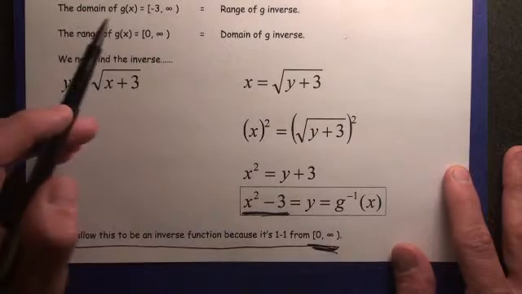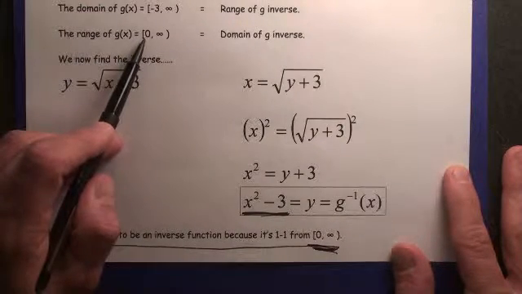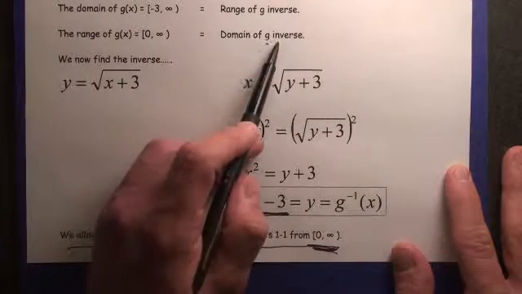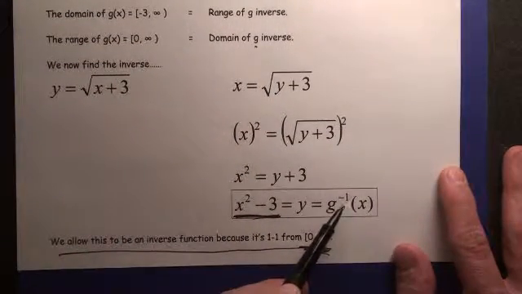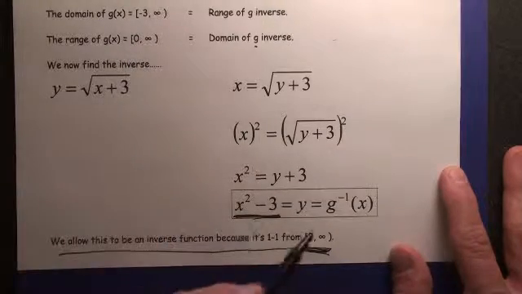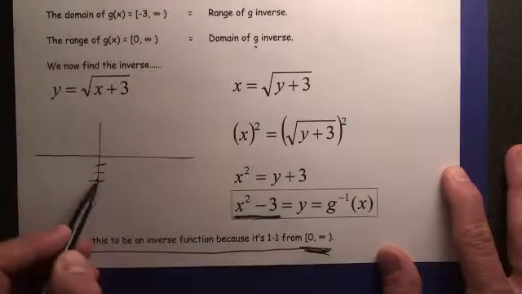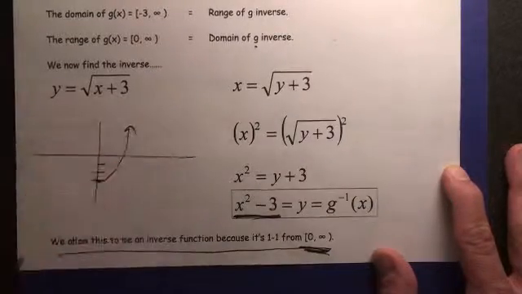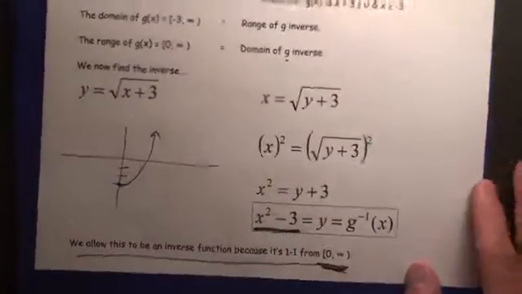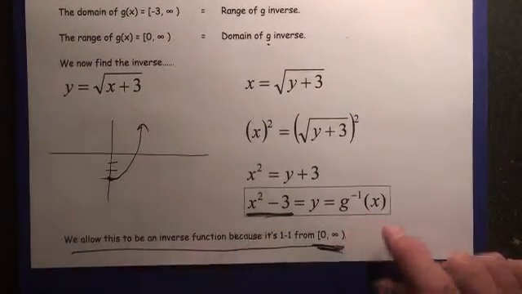Well, remember, the range of g of x will equal the domain of g inverse. So the domain of g inverse equals 0 to infinity. If you look at the graph of x squared minus 3, it's going to look a little bit like this. That's 1 to 1. Therefore, you can have an inverse as long as you have a restricted domain.